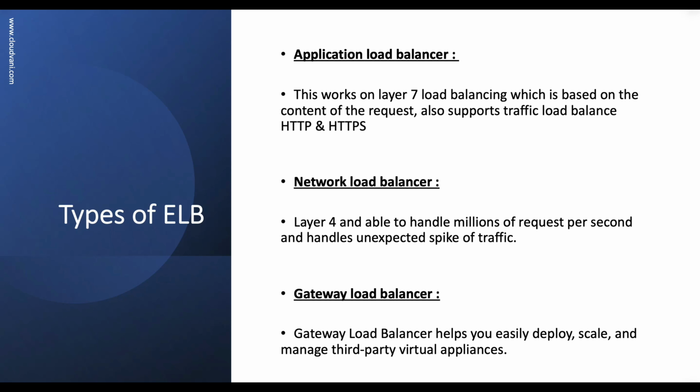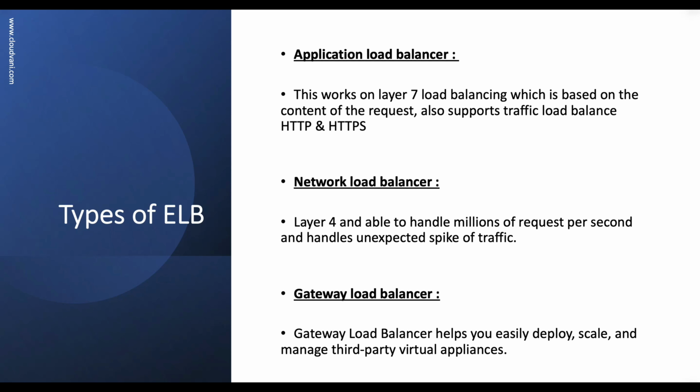So what is an application load balancer? This works at the layer 7 protocol, and it will balance the load based on the content of the request, and it also supports traffic load balancing using HTTP and HTTPS protocols. And the network load balancer works at the layer 4 protocol and is able to handle millions of requests per second, and also handles unexpected spikes of traffic.